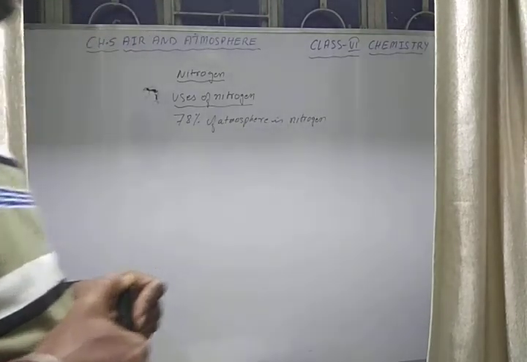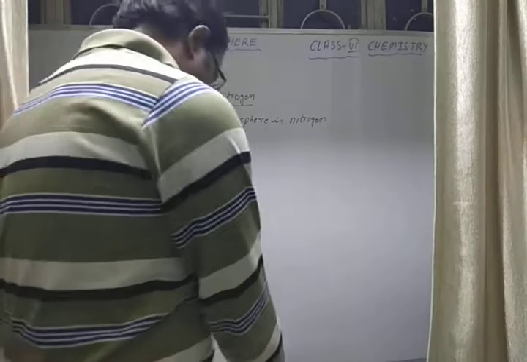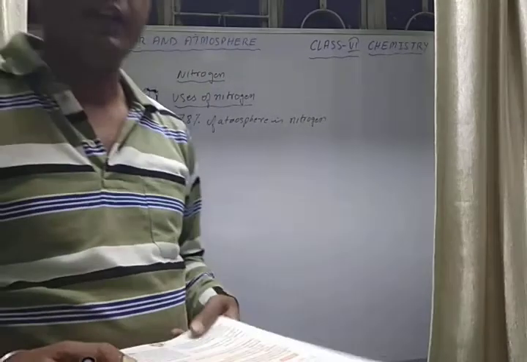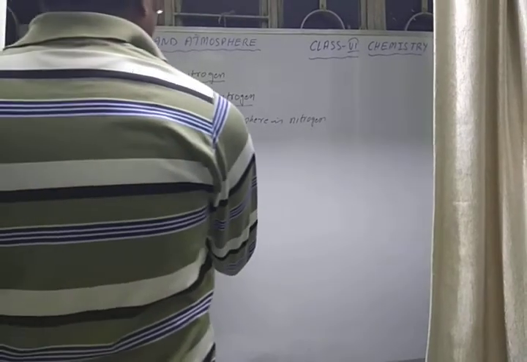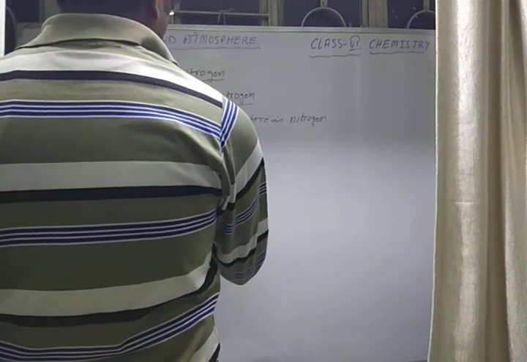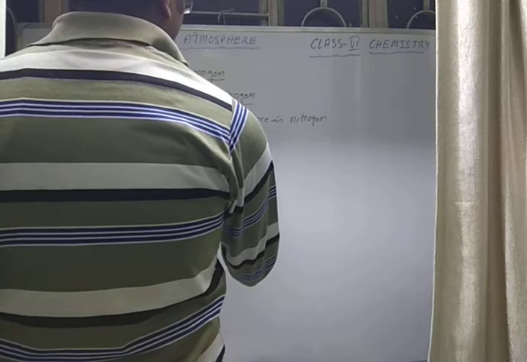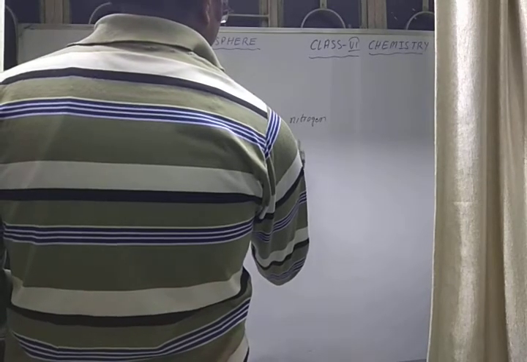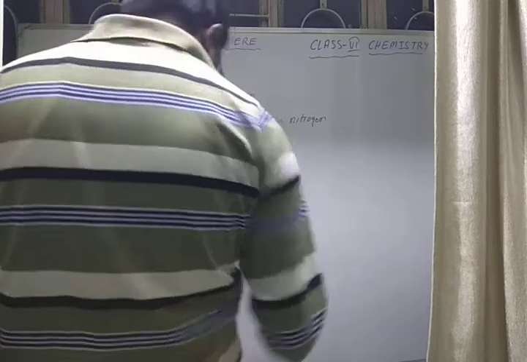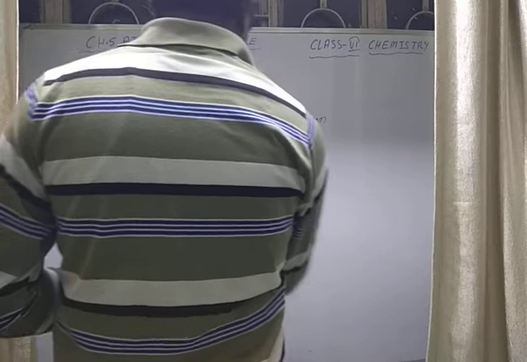This nitrogen is also called the building block of protein. The first use is building block of protein. So very important, building block of proteins.